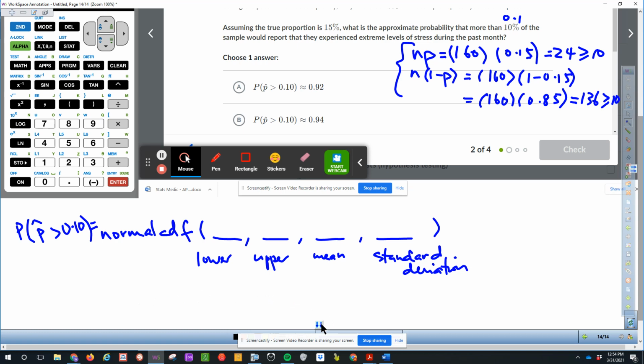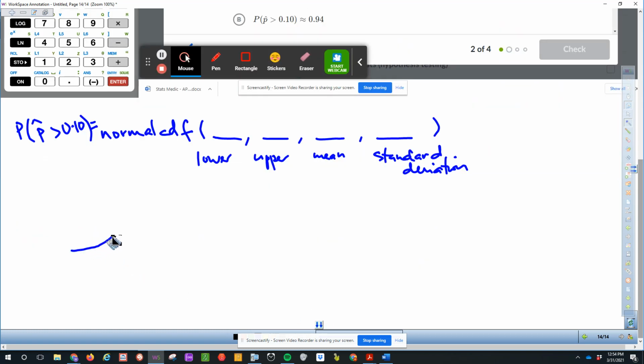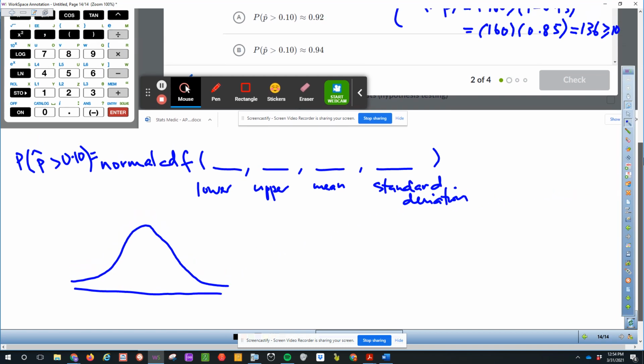So if I may, I'm just going to draw this normal curve. Not very well done, but you get the idea. Let's say 0.1 is here. I don't know where 0.1 is exactly, but let's say it's here.